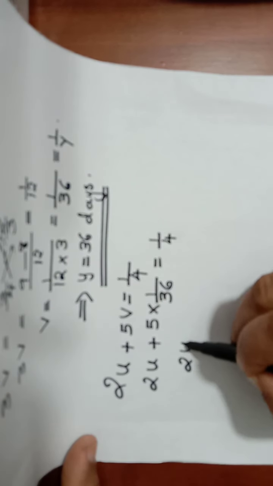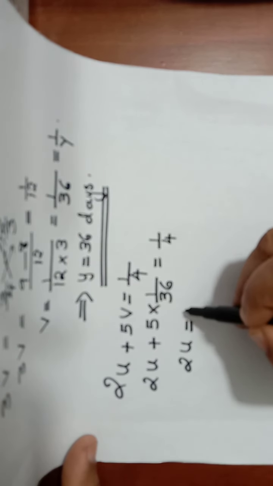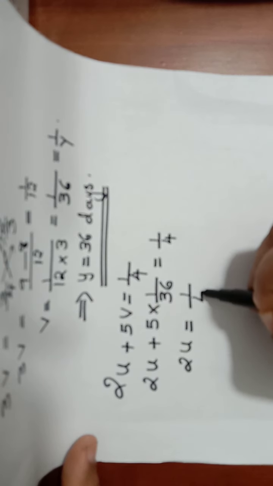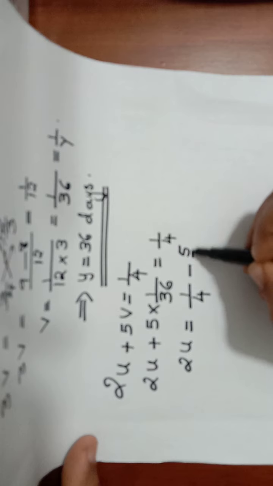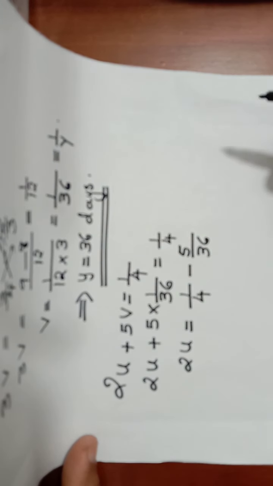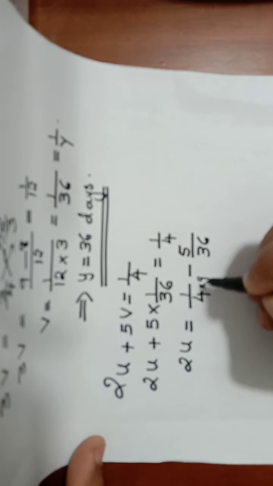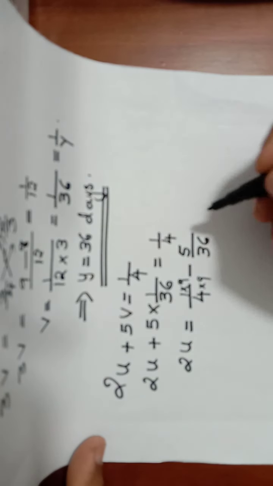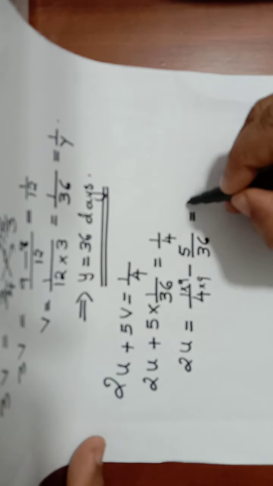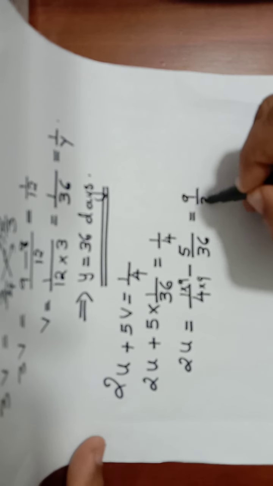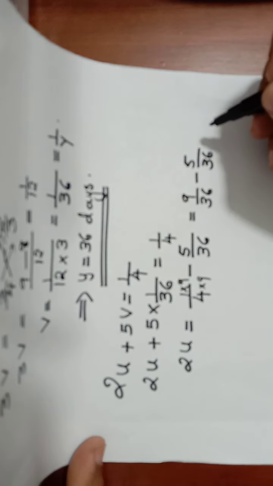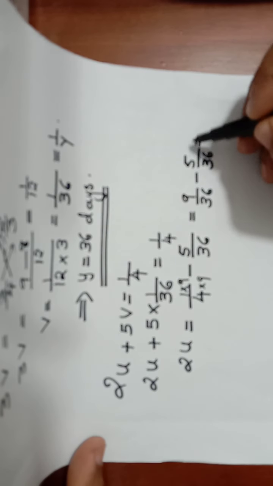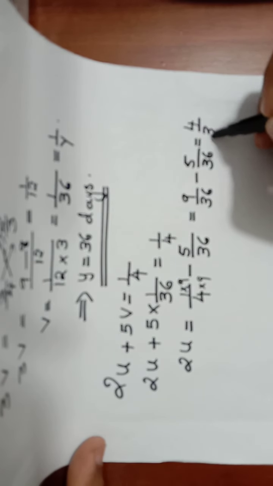Therefore, what is 2u equal to? 2u equal to 1 by 4 already there, plus 5 by 36 will become minus 5 by 36. LCM we have to get. Better you multiply by 9 here and this also by 9, so that it becomes 1 into 9, 9 by 36 minus 5 by 36. That is 9 minus 5 is 4 by 36.